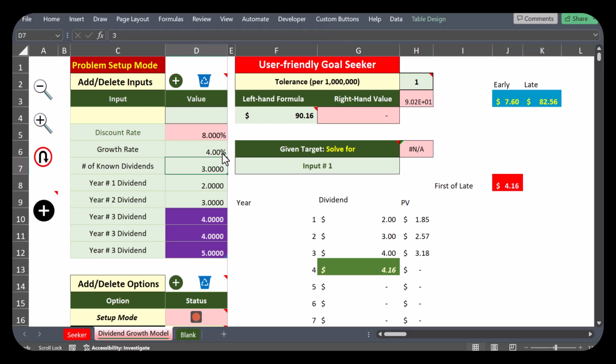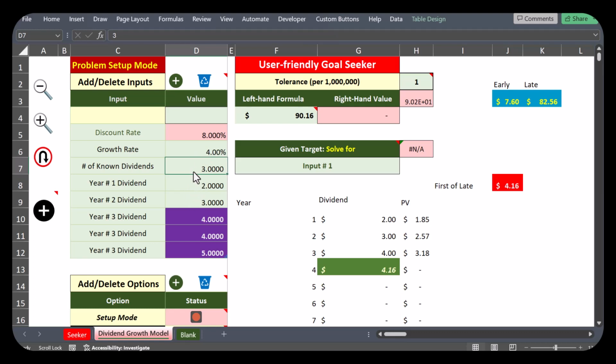At some point, they're going to start. Suppose the firm is going to pay first dividends in year 10, and it's going to be $10. After that, they're going to grow at a constant rate. So technically speaking, I'm going to know 10 years worth of dividends.